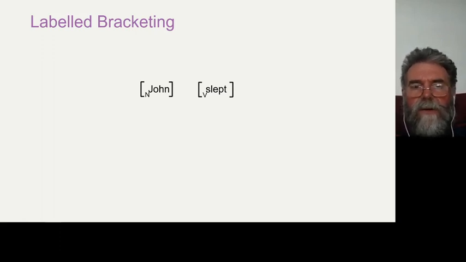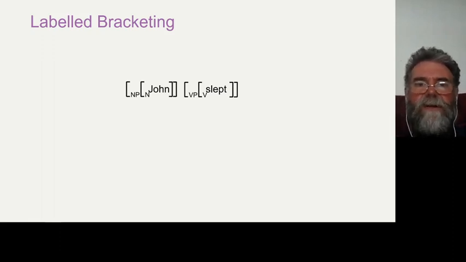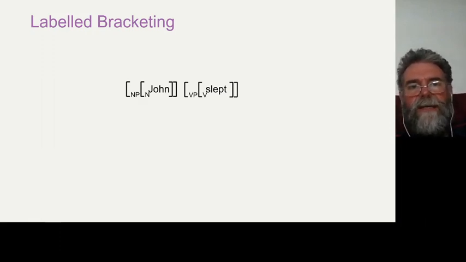We also know that John is a noun that can appear inside a noun phrase all by itself, and that slept is a verb that can appear inside a verb phrase all by itself. And again, we can represent that by putting brackets around John and slept, labelling the first pair of brackets NP, and the second pair of brackets VP. And finally, we know that those two NPs and VPs can be put together to form a sentence. So we can put brackets around the whole thing, labelling the first bracket there S.